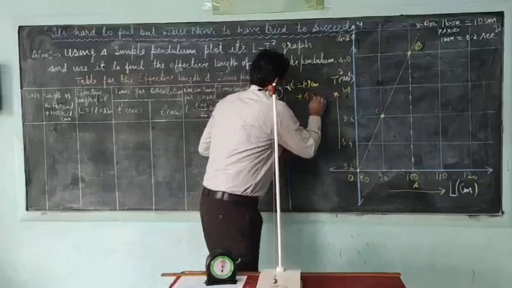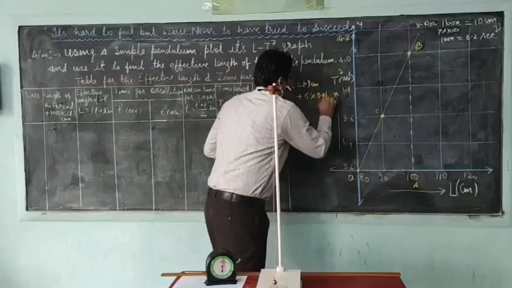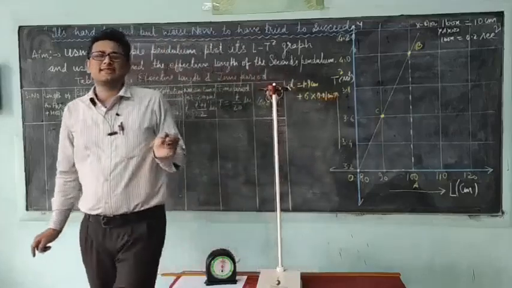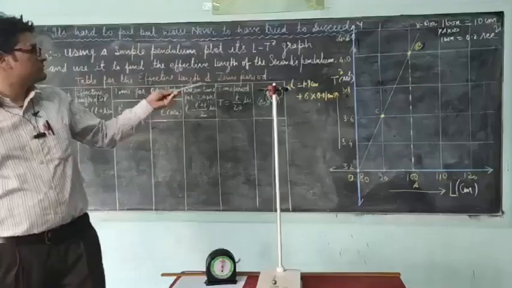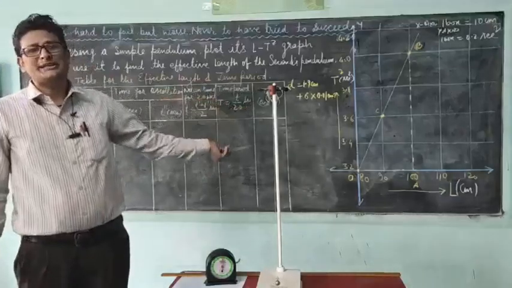Now the 6 divisions of the vernier scale are multiplied by the least count of the vernier scale. The least count of the vernier scale is 0.01 centimeter. You learned this in the first practical, that's why I am not going to explain that part.